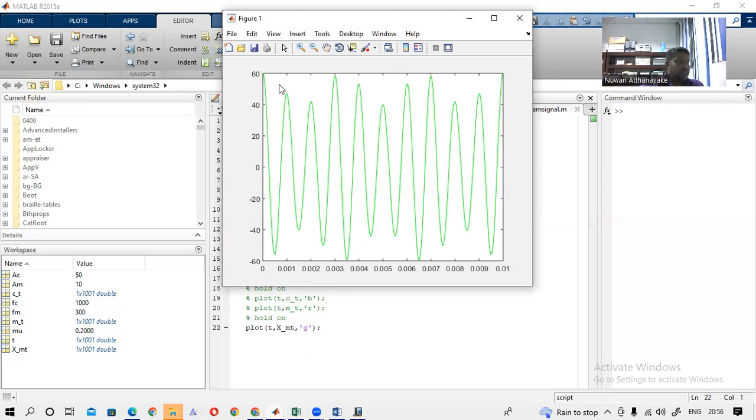So we try to draw the envelope. When we are drawing it, we can't properly draw the envelope by hand. So we can try to draw the envelope in MATLAB.